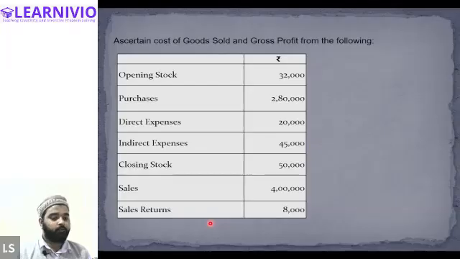Please solve this question also. You will be solving most of the questions today.